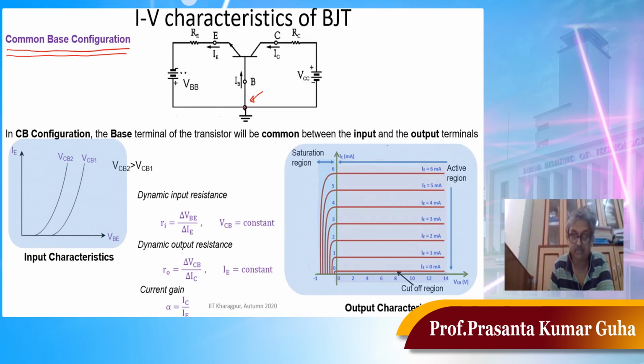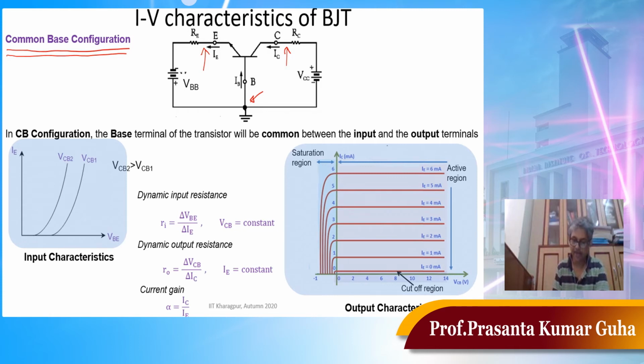This is my base terminal, this is your output terminal, and this is your input terminal. So the base is common between input and output, and the base is grounded. That is why this configuration is known as common base configuration.